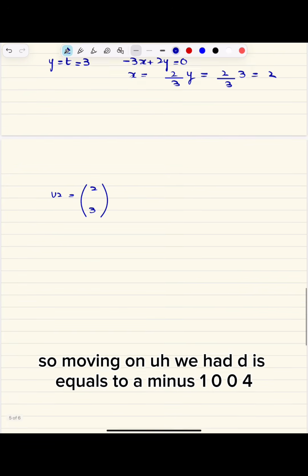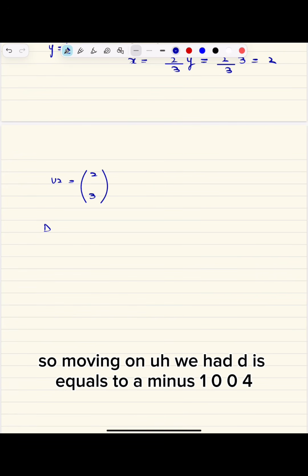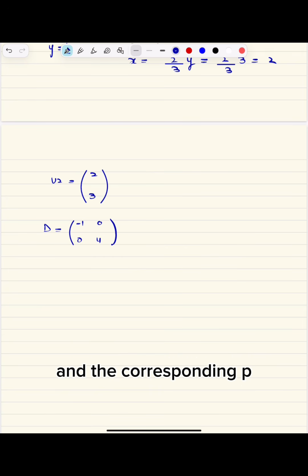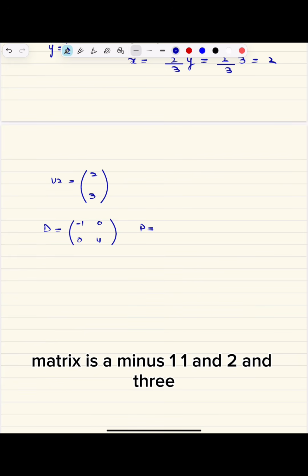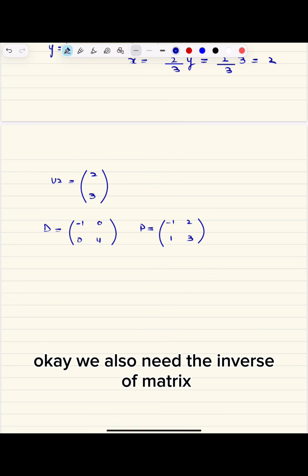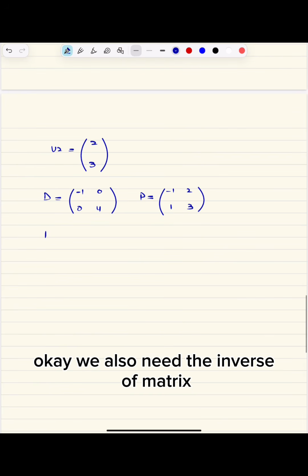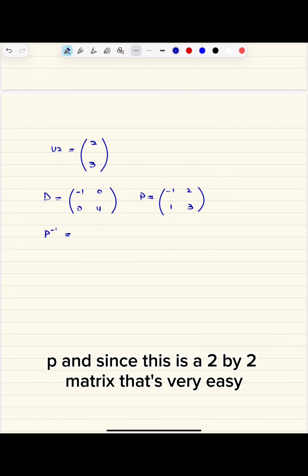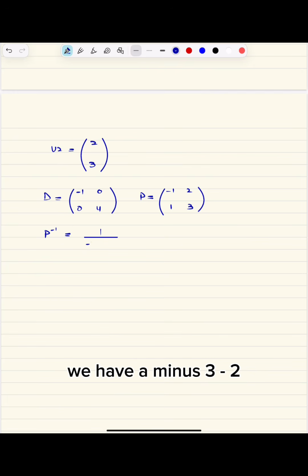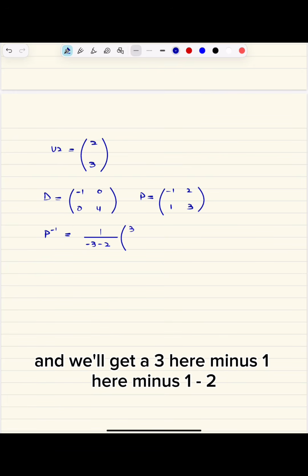Okay. So moving on, we had D equals minus 1, 0, 0, 4, and the corresponding P matrix is minus 1, 1, and 2, and 3. We also need the inverse of matrix P, and since this is a 2 by 2 matrix, that's very easy. We have minus 3, minus 2, and we'll get a 3 here, minus 1 here, minus 1, minus 2.